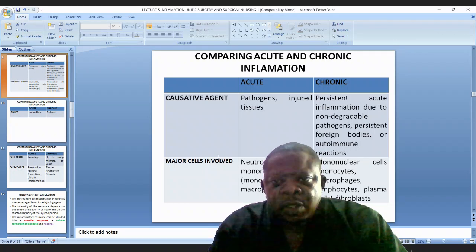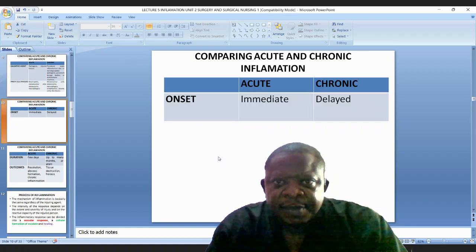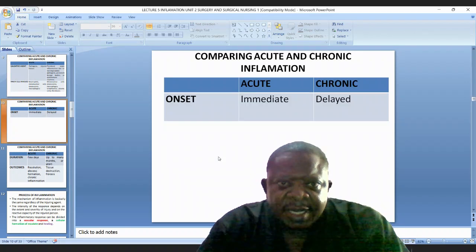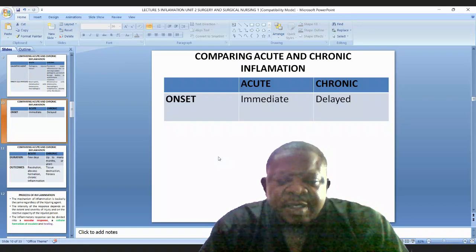So you see that we have more of these defense mechanism cells involved in a chronic inflammation.